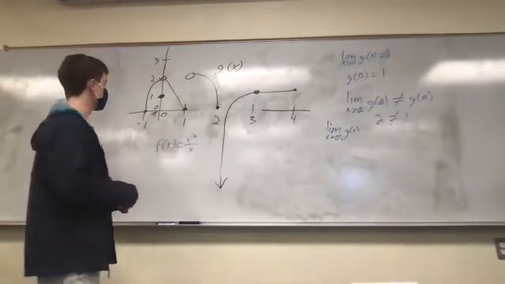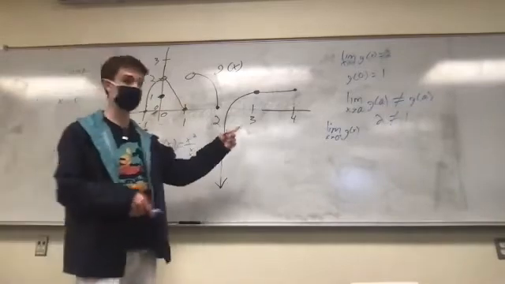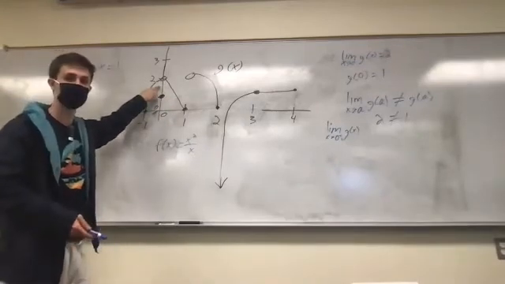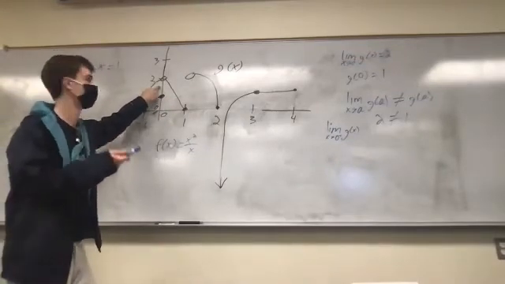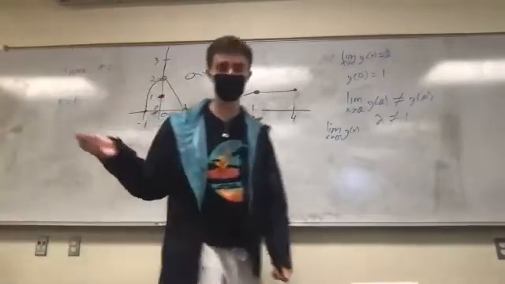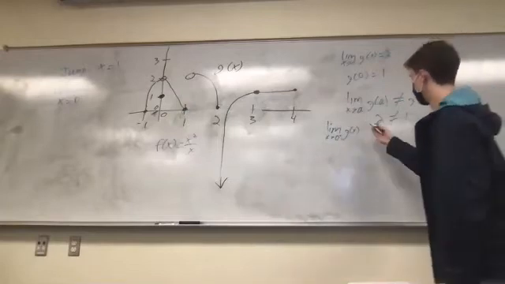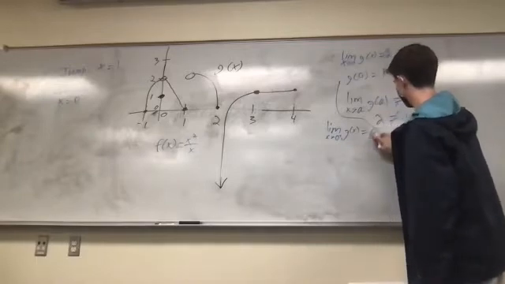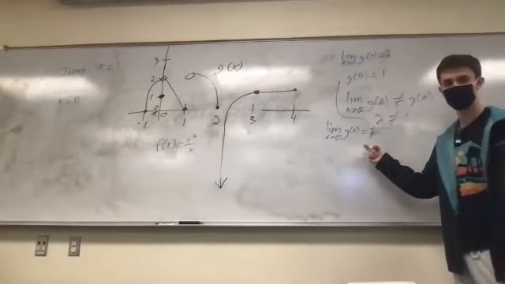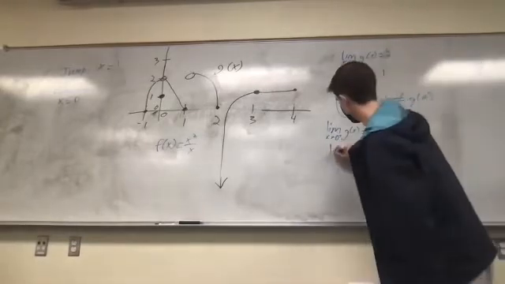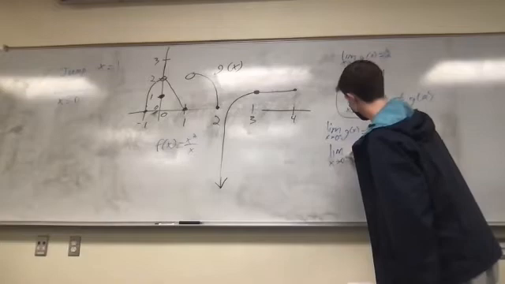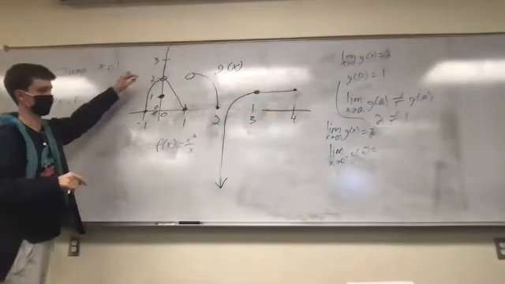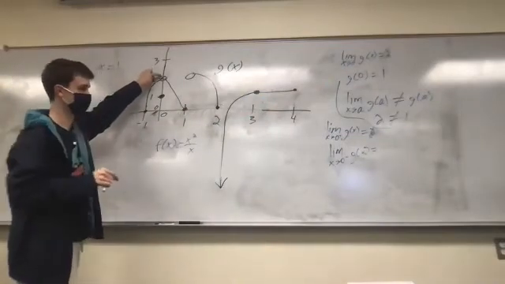So the reason we're able to do that is because while the limit as x goes to 0 from the right and from the left both exist, the important thing is that they're equal. You see that? So if I did the limit of x goes to 0 from the right, that's 2. And then if I do the limit of x approaches 0 from the left, as you can see here, that goes to 2, right?